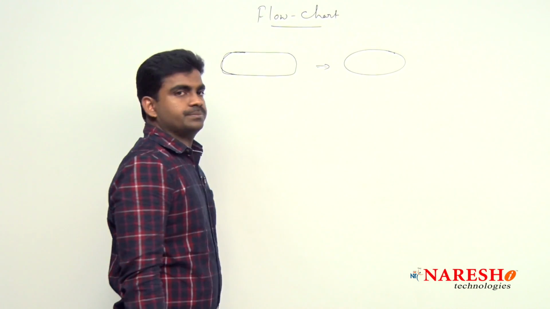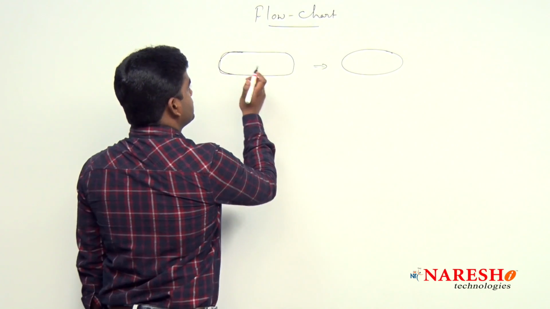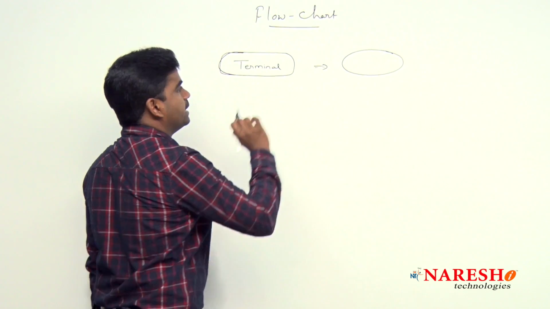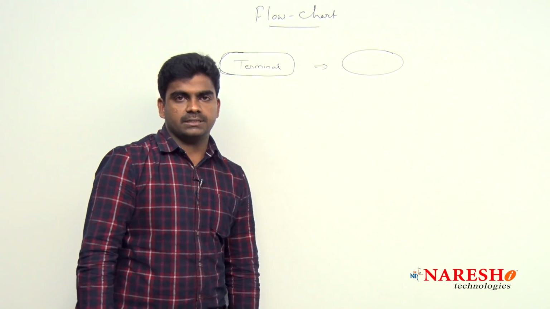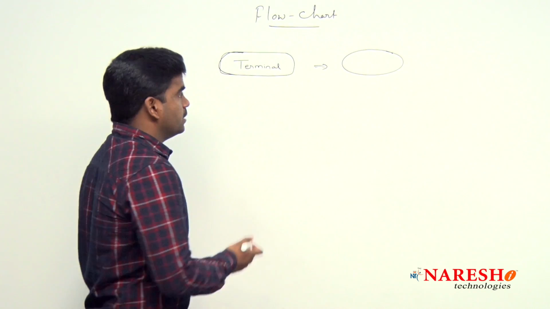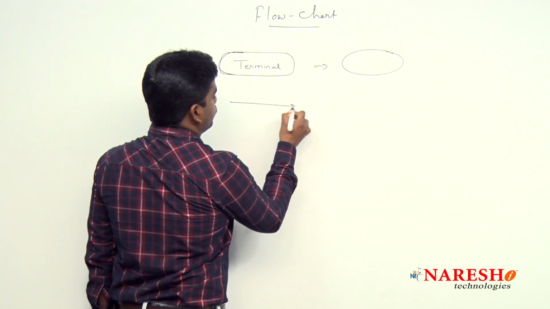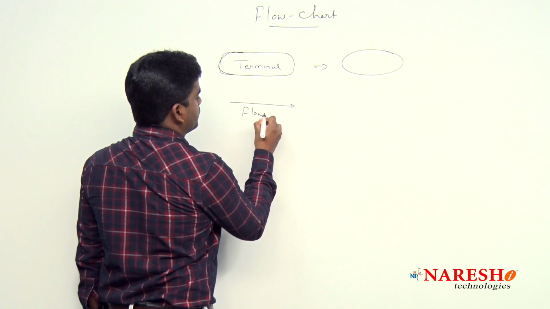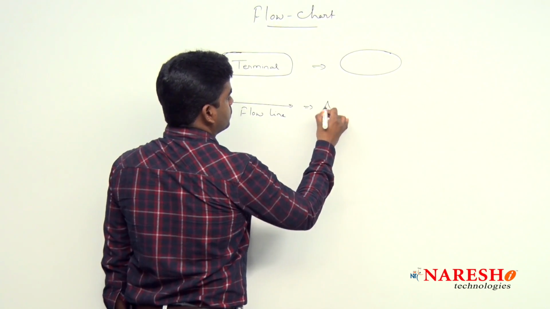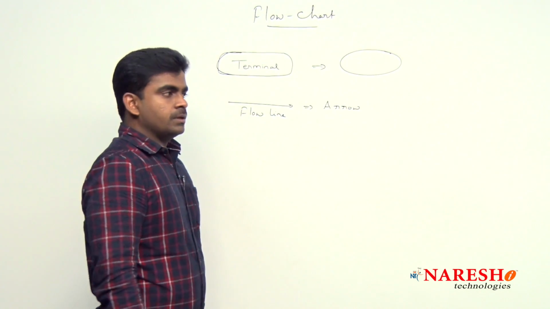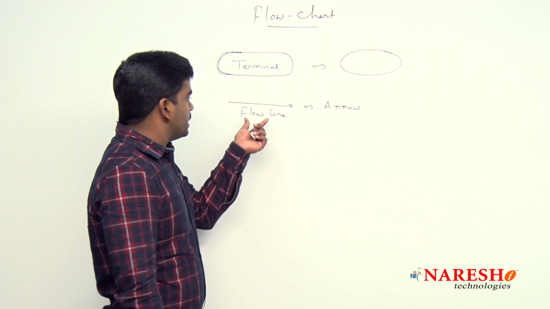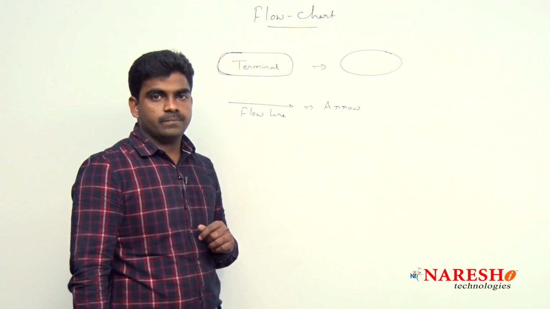It is representing terminal, start and end, in the flowchart. And the next one is the flow line. So this is what we call an arrow. What is the workflow? Everything we are representing with a flow line only.